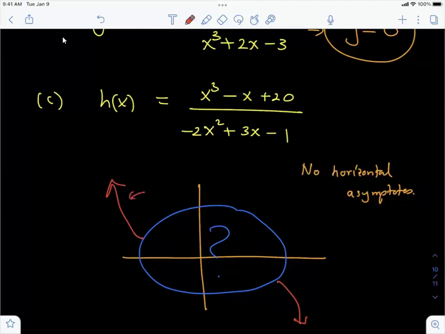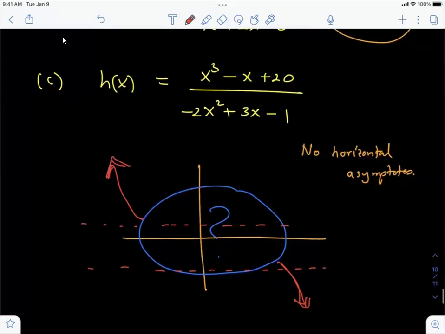So this is how the graph would look, but that simply means it's not aligning with a horizontal line. Instead, it's skyrocketing to infinity or plummeting down to negative infinity at each end. So that's exactly the situation where you do not have a horizontal asymptote at all.